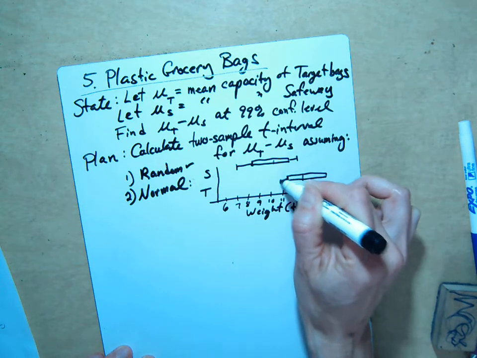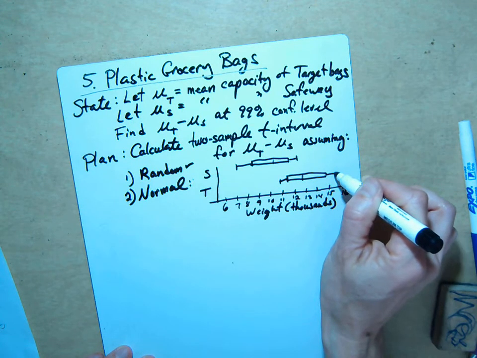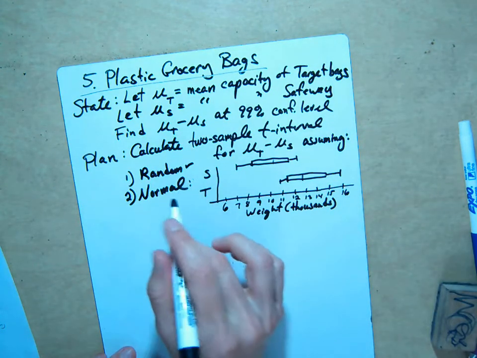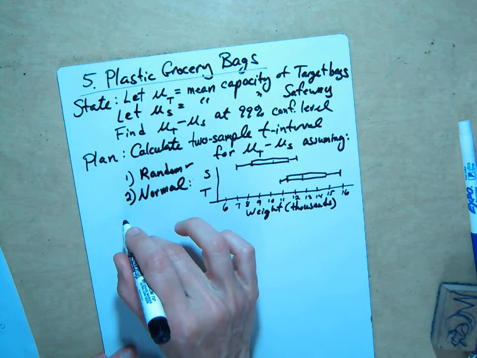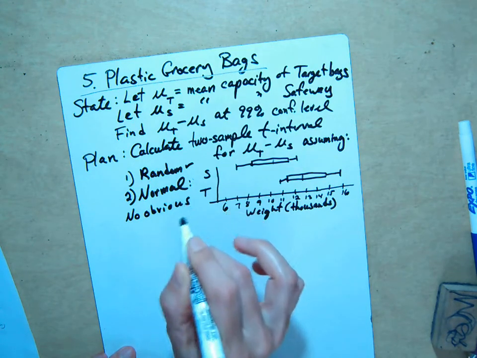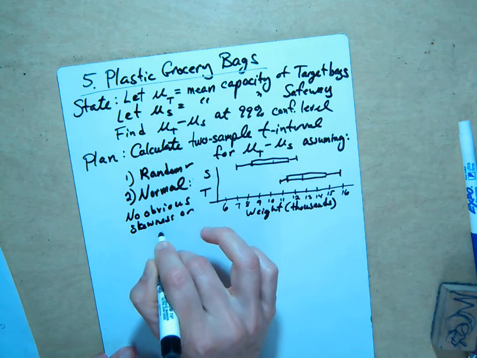And so you'll see there are no outliers, and there's no extreme skew going on with those. You have to show it, and describe it. So no obvious skewness or outliers.